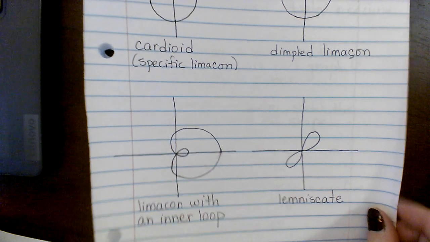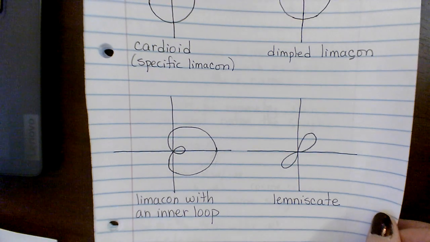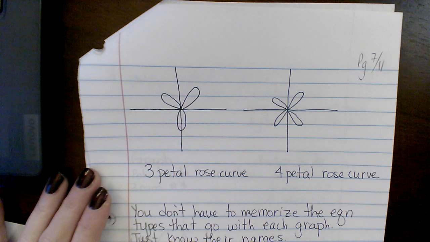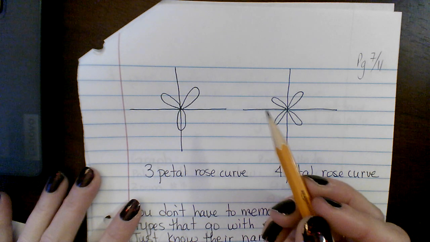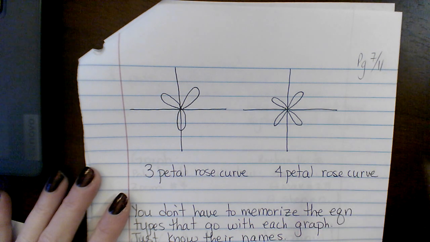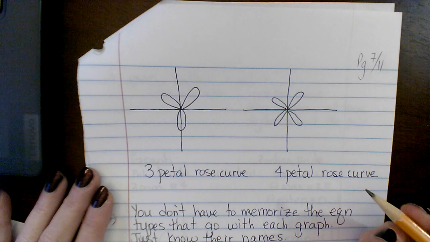So this is going to be a lot of really unusual graphs that you're not used to seeing. We also have roses: a 2-petal rose, a 3-petal rose looking like a little prop on a plane, or a 4-petal rose. And you could have even higher petaled roses.